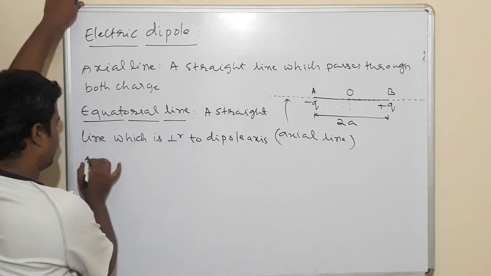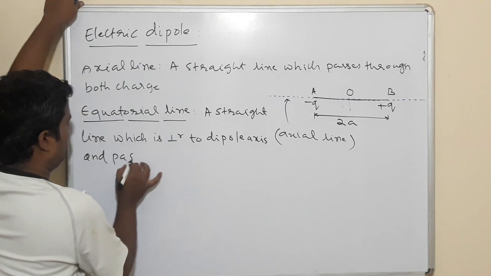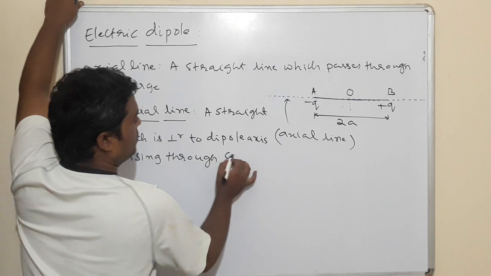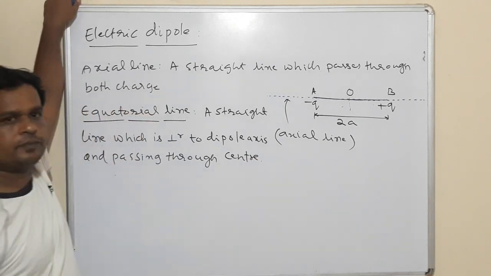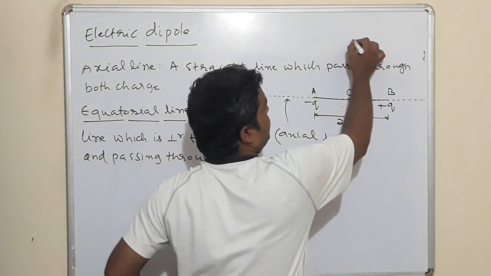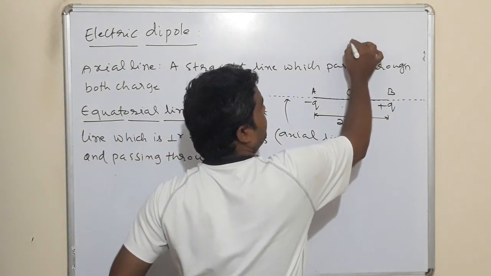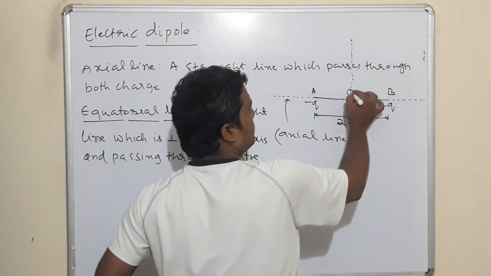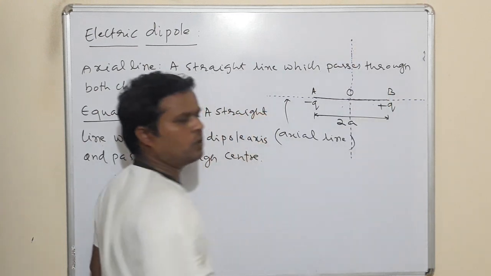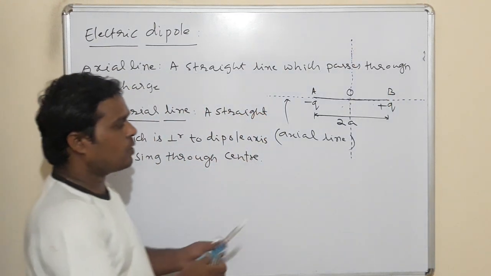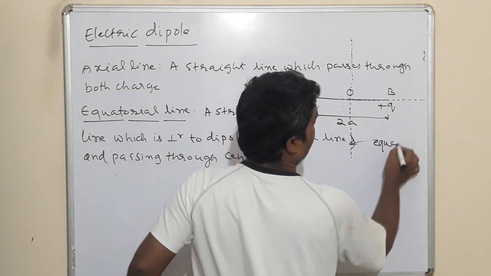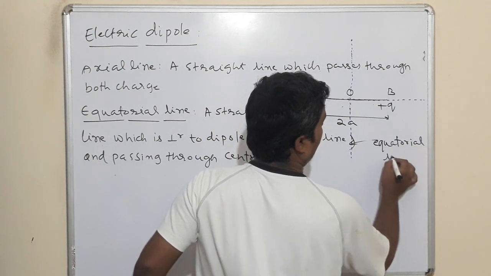Perpendicular to dipole axis and passing through center. A straight line which is perpendicular to the dipole axis like this. If I draw a plane covering this line, that plane is called as equatorial plane. This line is called as equatorial line.